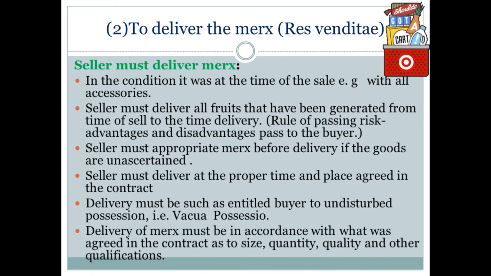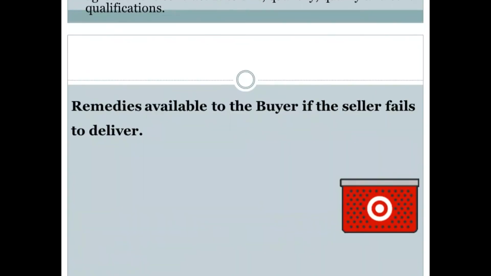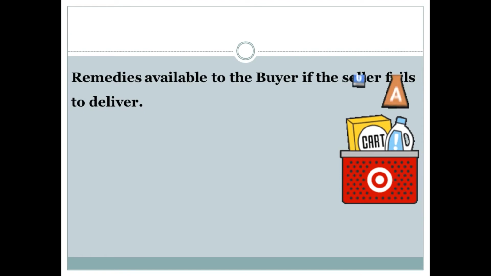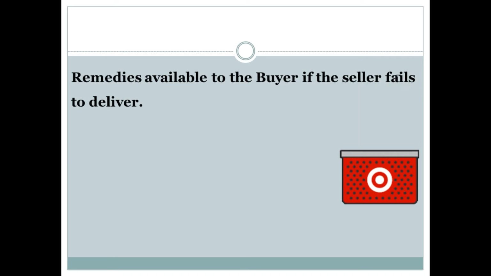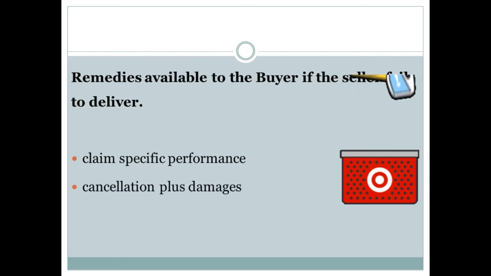And the delivery should be in accordance with what was agreed in the contract in regards to size, quantity, quality, and other qualifications. If the seller fails to deliver, the buyer has the following remedies. He can claim specific performance, cancellation plus damages.